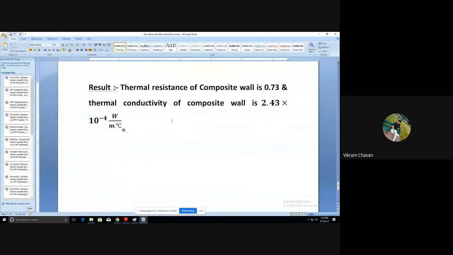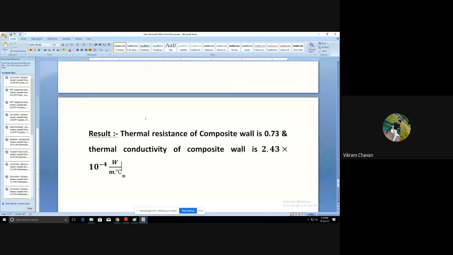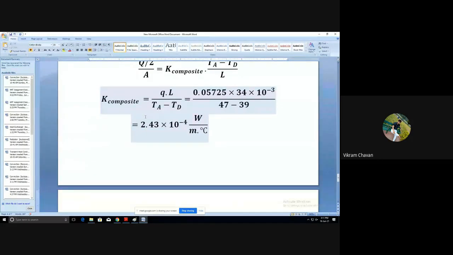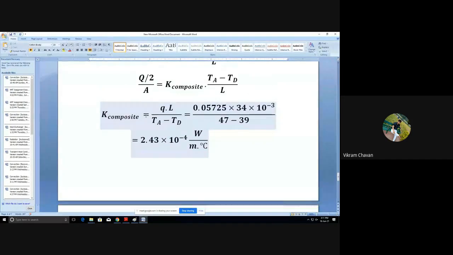Okay, that's it about experiment number 2. If you have any doubt or question, you can ask. Is there any doubt? Has everyone understood how to perform the experiment and the calculations related to it?